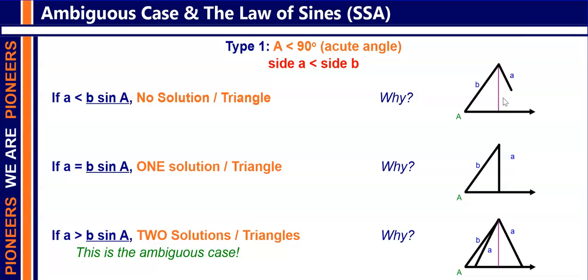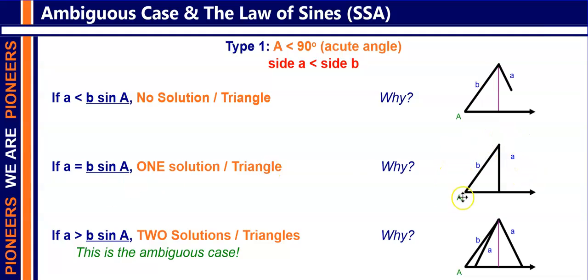Because depending on the relationship of those two sides, you can determine how many triangles you have. So for example, the first one is side a is less than b sin A. If that is the case, you have this first picture where the side is too short and it can't even touch the opposite side, however long that may be, so we know there's no triangle, so there's no solution.